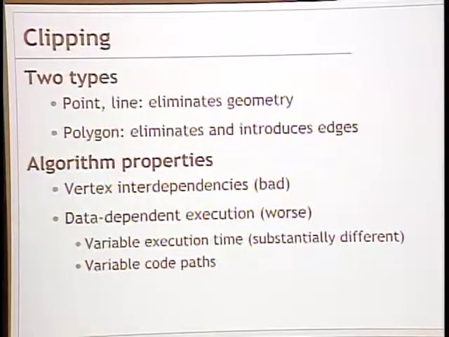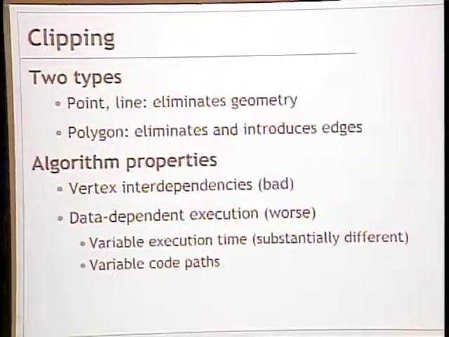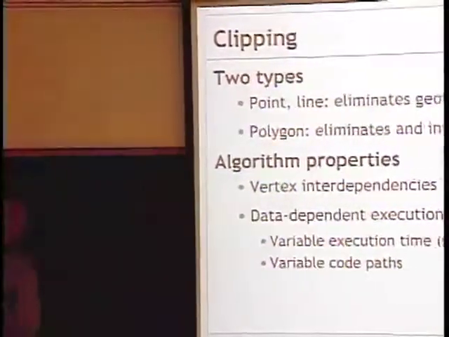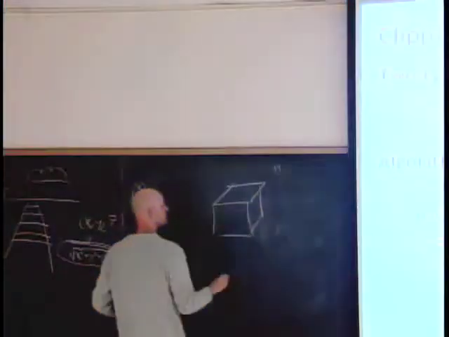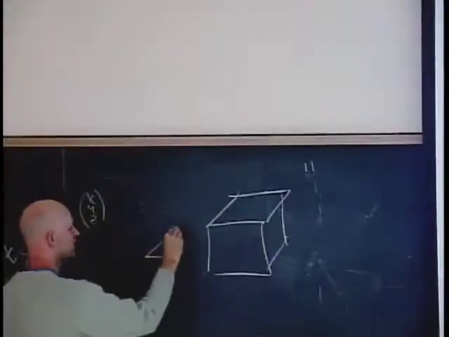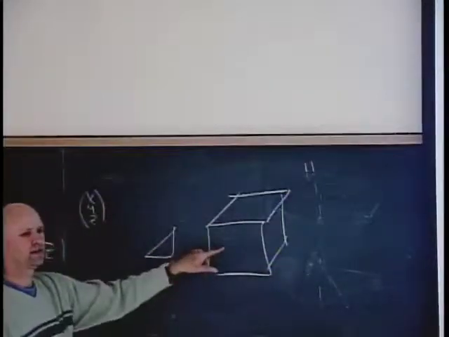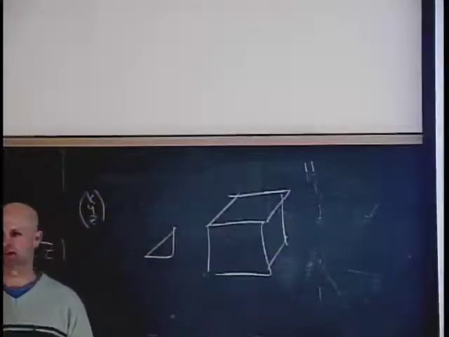So let me ask, what's the worst case here? If we have a triangle and a box, and I was really mean and specified the triangle in a bad way, and I intersect it with this box, how many-sided polygon could we end up with?